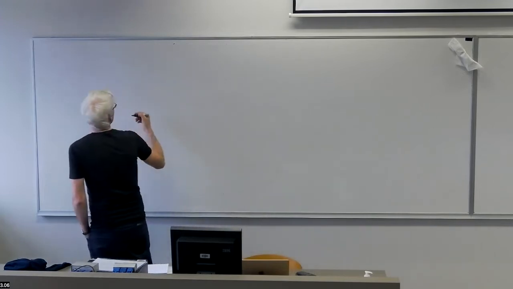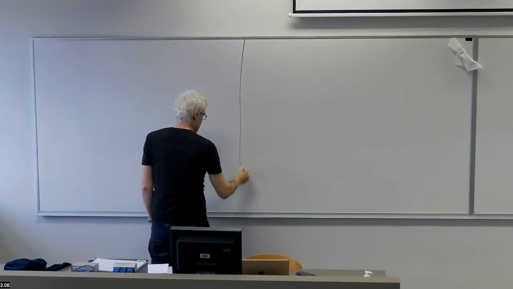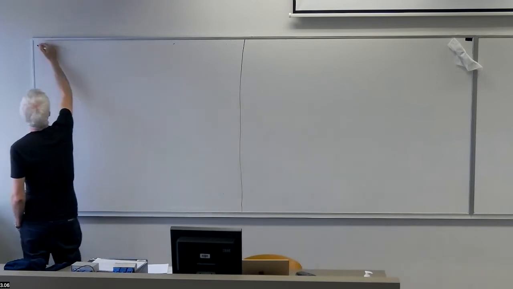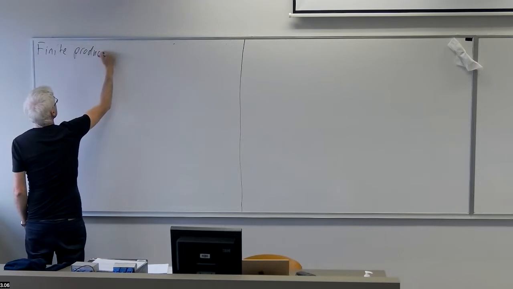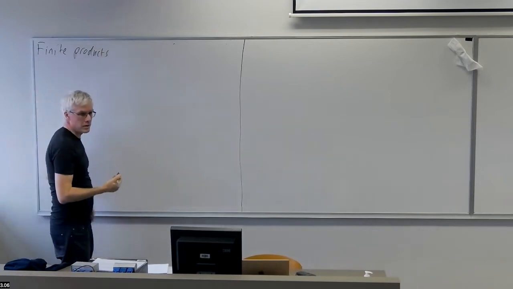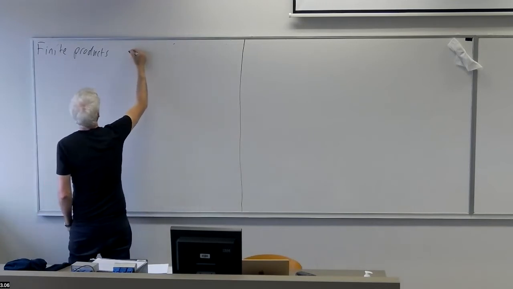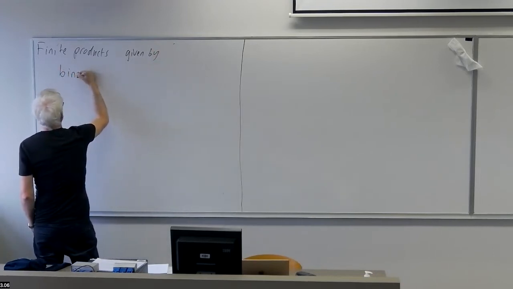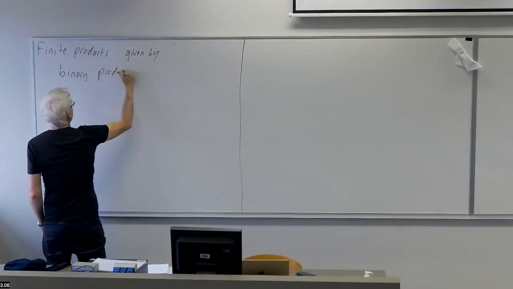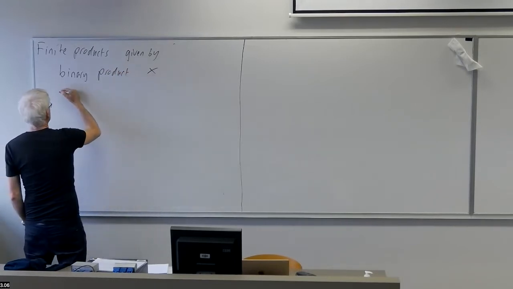So 2 weeks ago, we did general products in categories, but in particular, we saw that finite products can be given. So in general, you have finite products in a category. If you have binary products, you have a binary product, which we tend to write like this, and a terminal object.